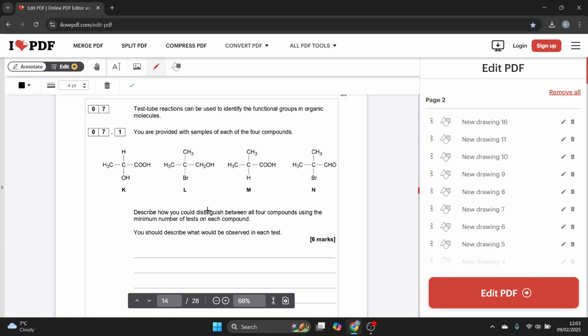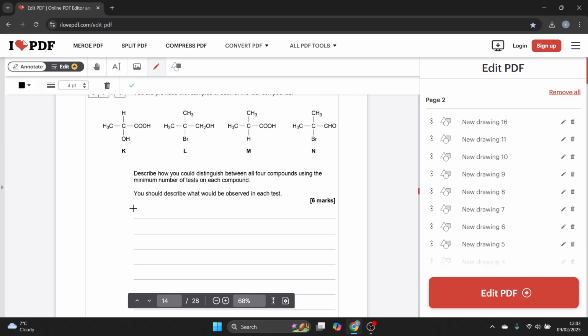Describe how you could distinguish between these test tube reactions. So K... I can see I've got two carboxylic acids.